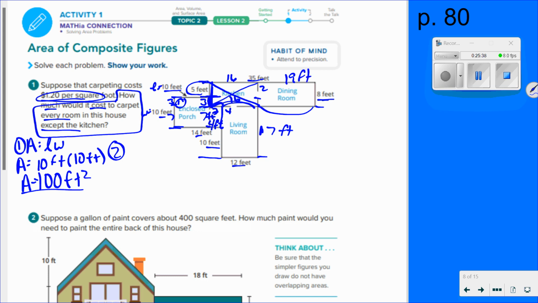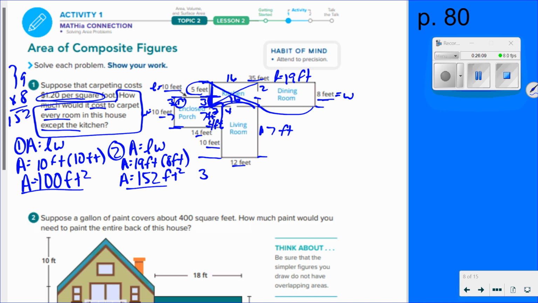Does anybody not see how we got to the 19? Okay. So number 2, I know it's another rectangle, so it's length times width. So I'm going to do a length of 19, a width of 8. So 19 feet times 8 feet. 19 times 8 gives me 152 square feet for the second part.